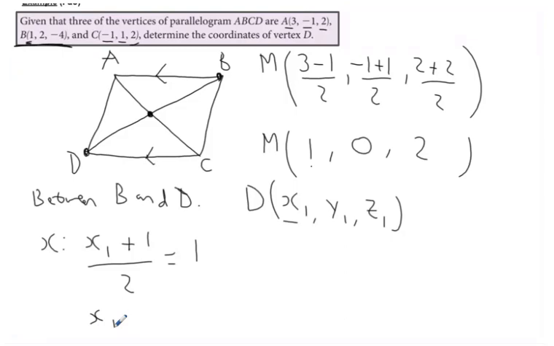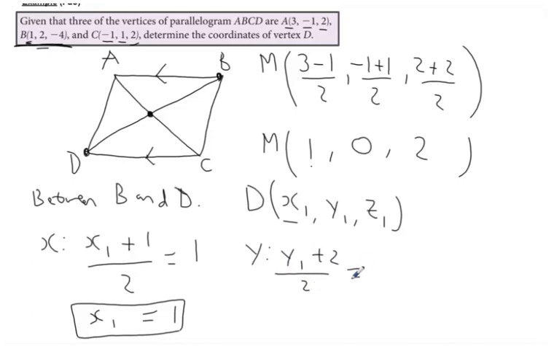So 1 times 2 is 2, take away 1. So it must be 1. Do the same for the y's. So the y coordinate of point D, we said was y1, plus the y coordinate of point B, which is 2, over 2 equals the y coordinate of the midpoint, 0. So that must mean that y1 equals minus 2.